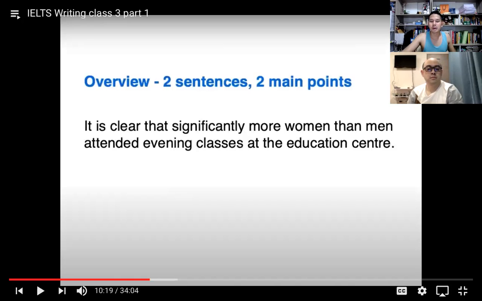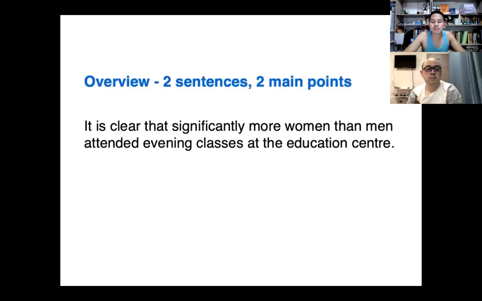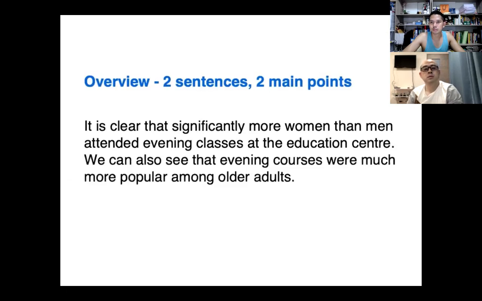It is clear that significantly more women than men attended evening classes at education center. Do you have to say what kind of classes? You can, but not now. But if you want to write it now, it's okay. We can also see that evening courses were much popular among older adults.